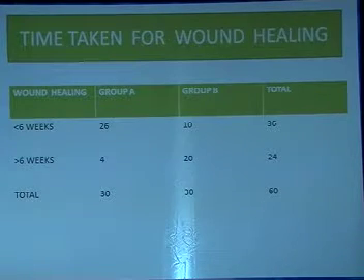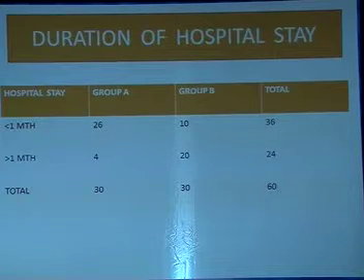For time taken for wound healing, the variable is 6 weeks. Again, in VAC, 26 patients healed in less than 6 weeks, and with sterile dressing it took more than 6 weeks. For the duration of hospital stay, 26 patients stayed less than 1 month in our hospital.